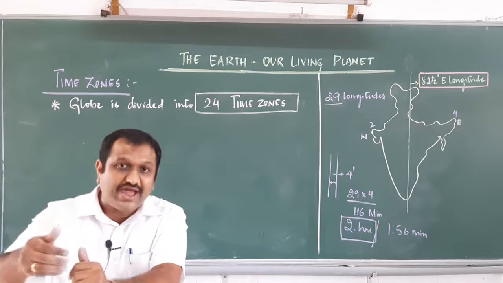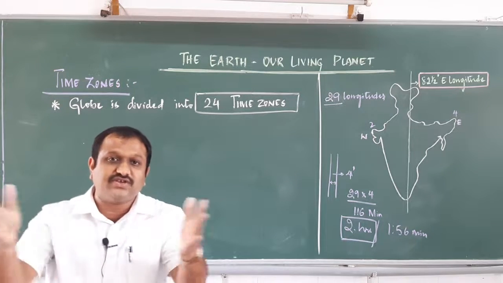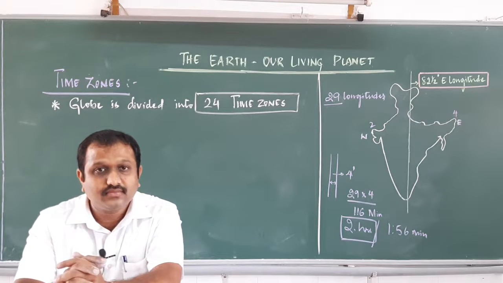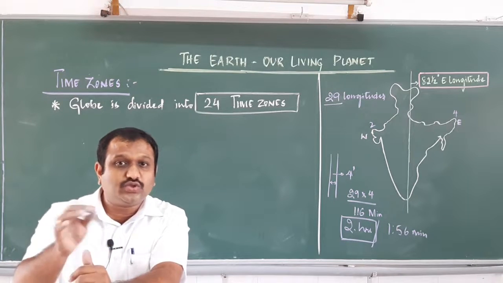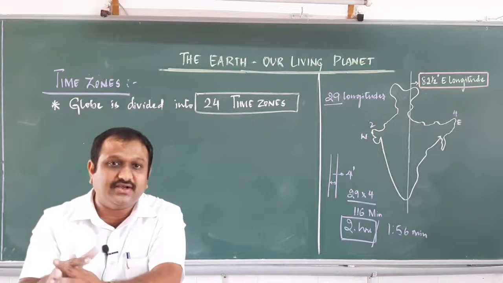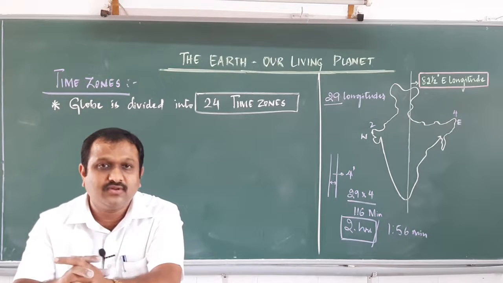So they'll follow more than one time zone because of their geographical vastness. The country which has more than 2 to 3 hours of gap from one end to another will definitely follow more than one time zone.